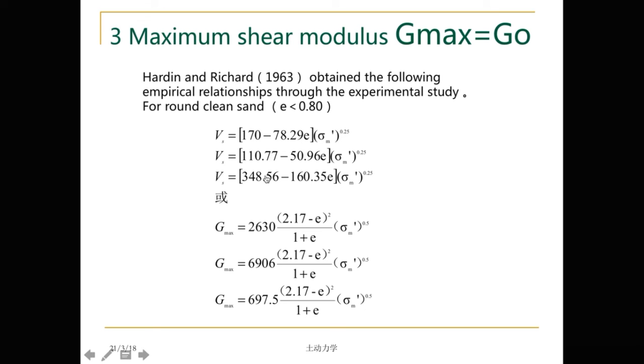We also have two other equations, but these use different units, just different units. For example, the first one uses kilograms, and the second equation uses pounds. And for Gmax, it is 2,630 times (2.17 minus e) squared divided by 1 plus e, then times sigma m prime powered by 0.5.